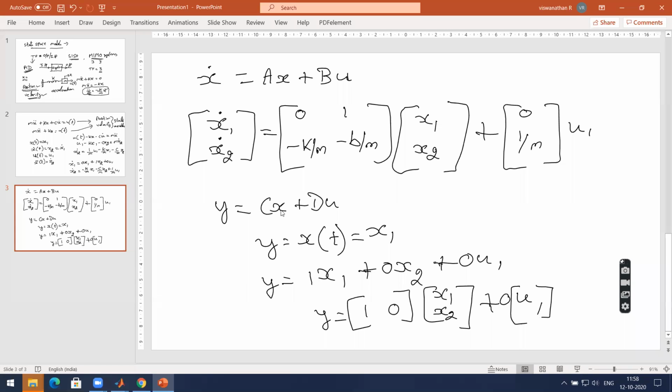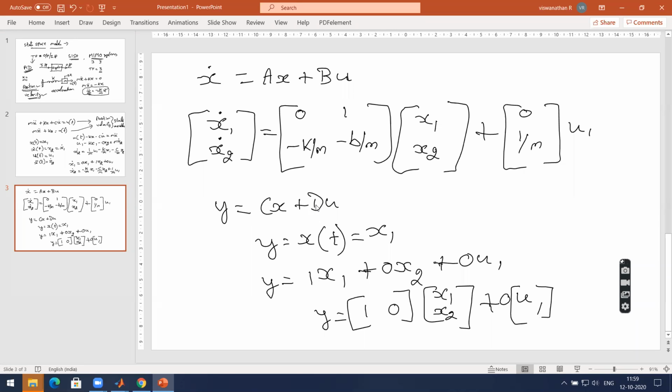Now what is this Cx? It tells how the system is going to affect the output. Y is the output, y is equal to x of t, so how this C matrix is going to affect the output is what C will tell you.